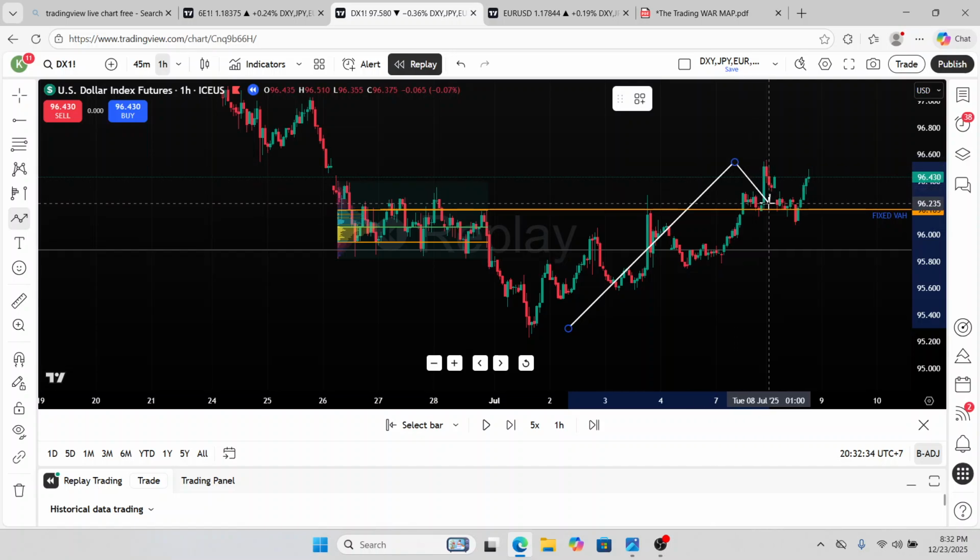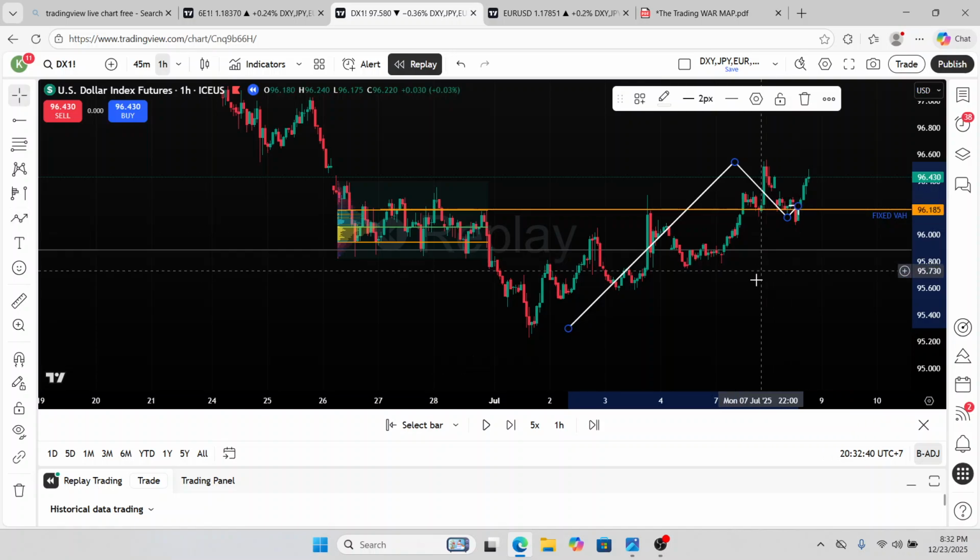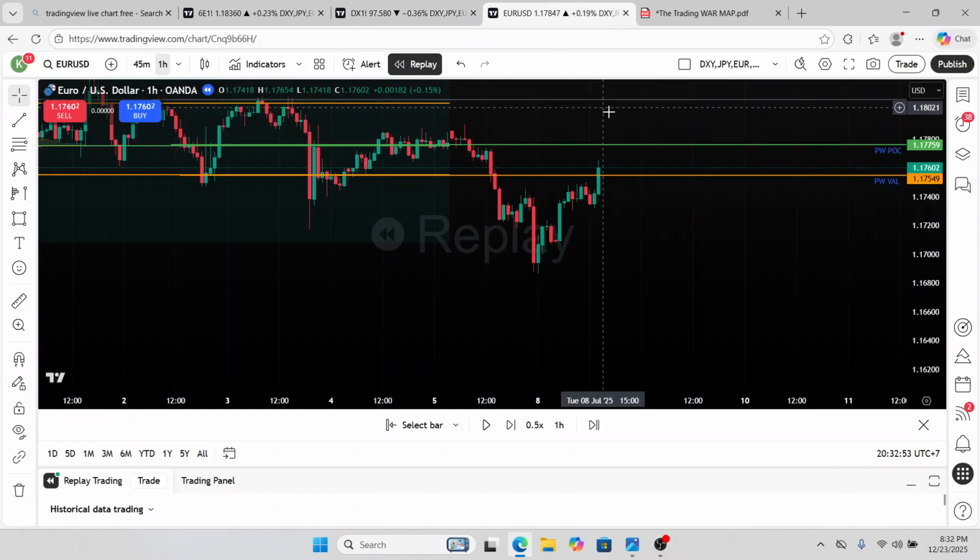We came back. Granted we went down a little bit here, but once we've closed above it, I am very, very confident in longing the dollar against what currency looks the weakest, if the fundamentals align. And on this day it was the Euro USD.